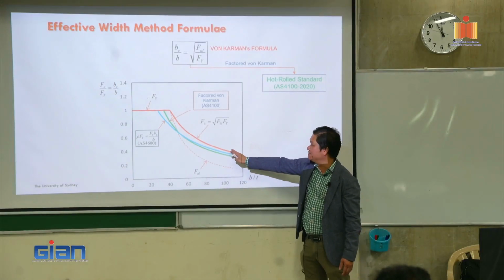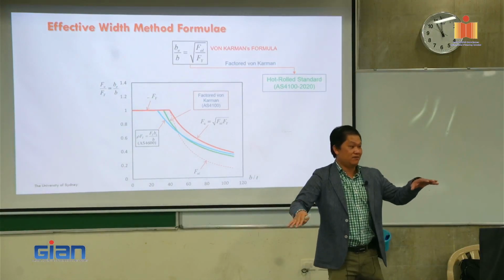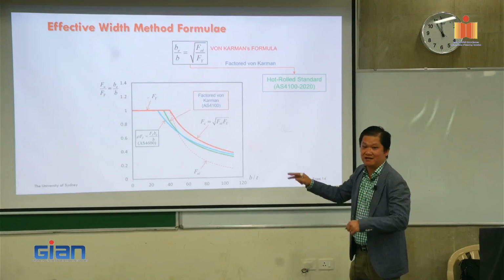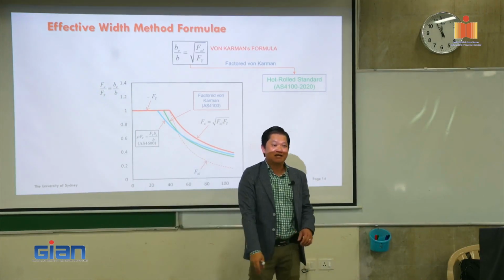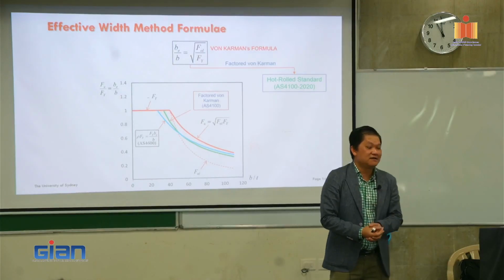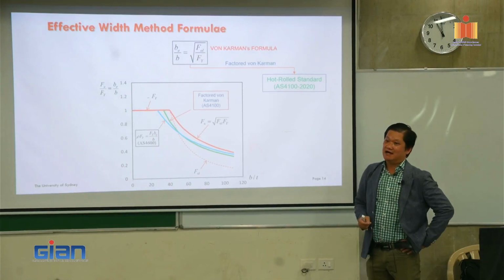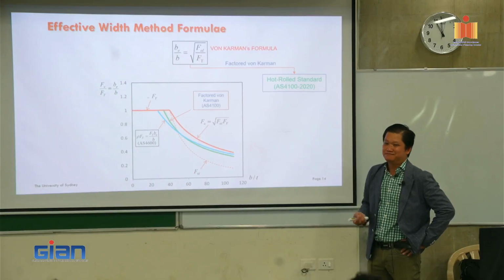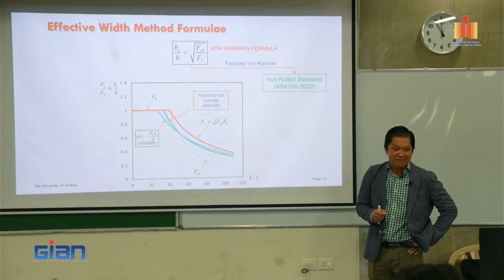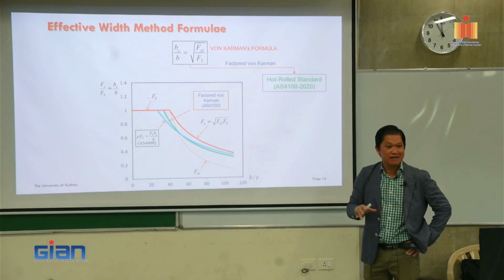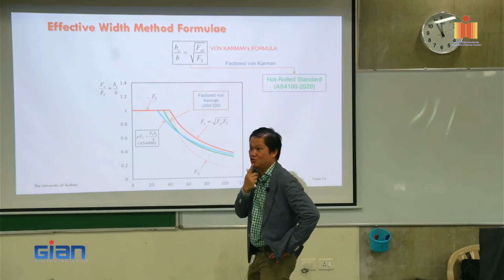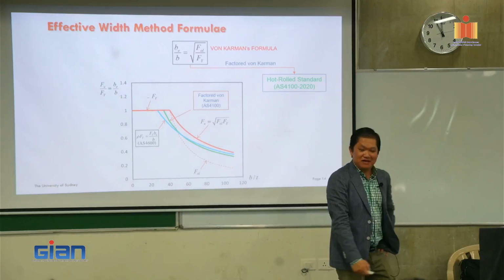So it means that we need to do a bit of judgment to make sure that we can cover all those problems. All right, so this is the equation of the effective width method in AS 4600. Just to give you a bit of review about where they came from, based on the fundamental equation in here. Any question? Good? Right, so let's move on.